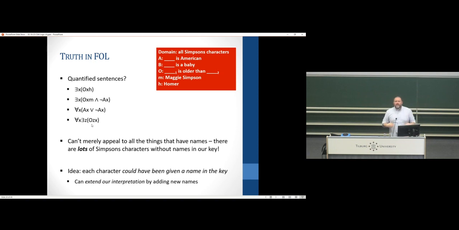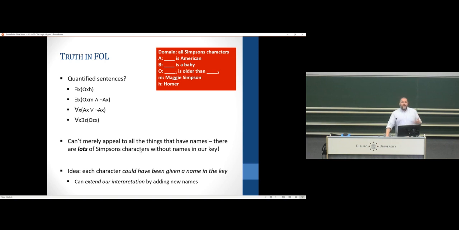The slightly more detailed version here is basically that we can always extend our interpretation. Importantly, you'll note that our interpretation does not include names for all of the Simpsons characters, which is good, because if it did, this would be a really, really annoying slide, because there's billions of these.